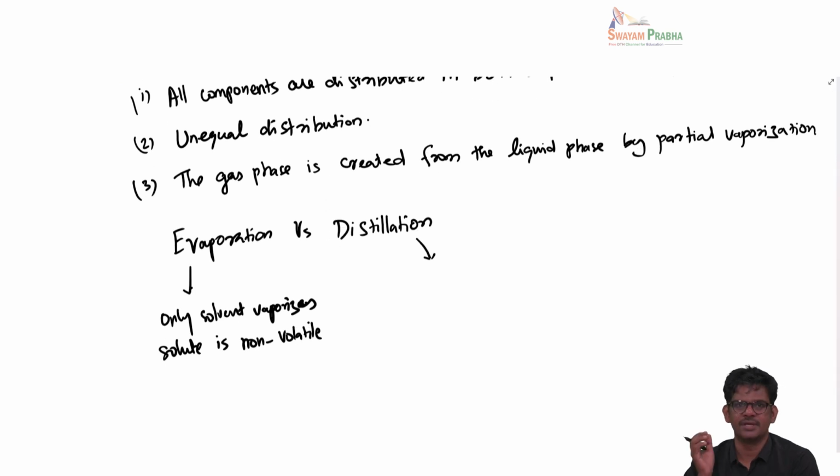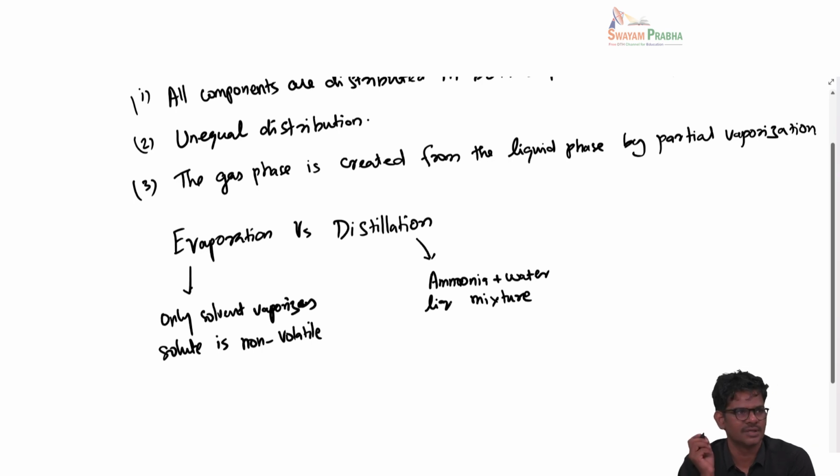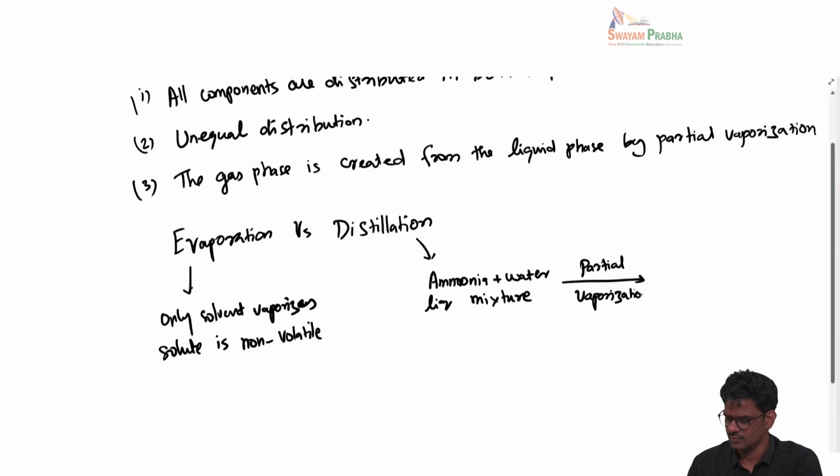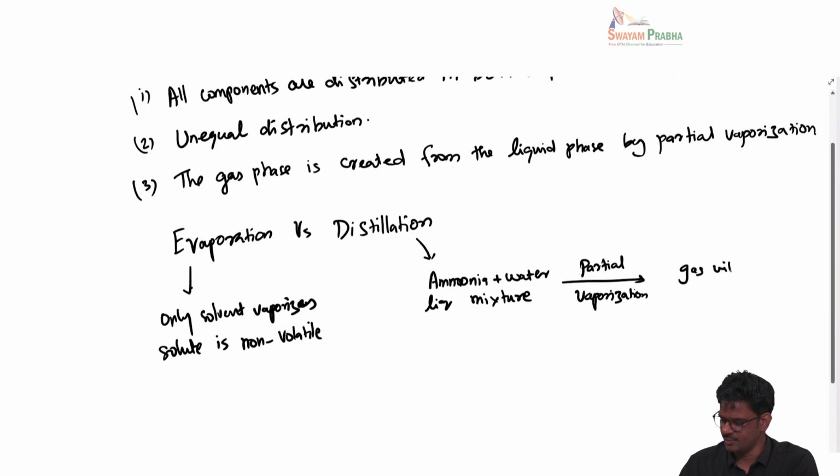I have already mentioned an example of distillation in the introductory class, but again, suppose you consider an ammonia-water solution, ammonia plus water mixture. I am talking about a liquid mixture at a certain composition. Let us say you do a partial vaporization. When you partially vaporize this liquid mixture, both ammonia as well as water will evaporate into the gas phase, but the gas phase will be richer in ammonia than water.